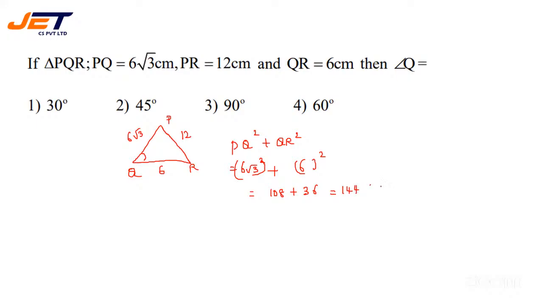So 144 is nothing but PR square, isn't it? So what is PR here? What is 12 square? 144. So we can say that angle Q is 90 degrees. So even using the Pythagoras theorem, this is proved. All right. So your answer must be option 3, 90 degrees. If you have got option 3 as your answer, then your answers are correct.